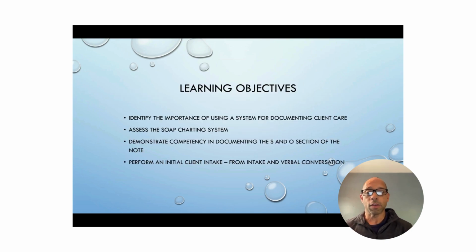So, first thing, our learning objectives for today: identify the importance of using a system for documenting any kind of care that we're giving to the client, and assess the SOAP charting system. The SOAP charting system is a system of notes that we take, and we'll talk a little more about that. And then demonstrate competency.